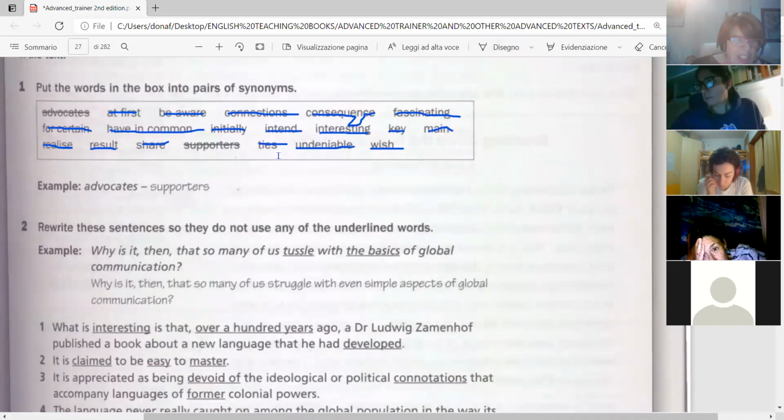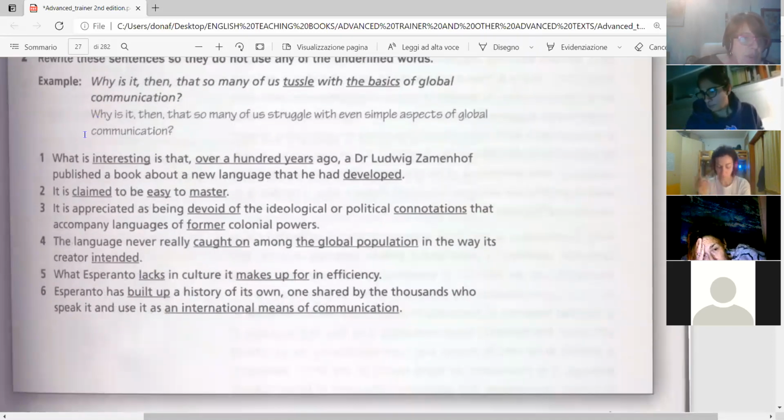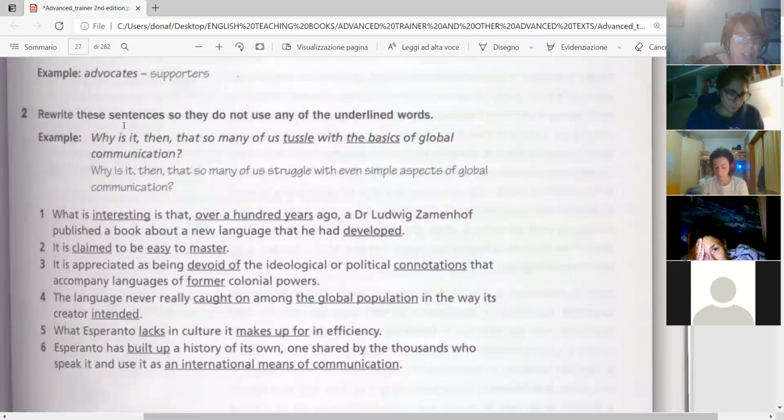Okay, now let's go on and try to do this exercise. Rewrite these sentences so they do not use any of the underlined words. For example, why is it then so that many of us tussle with the basics of global communication? Why is it then that so many of us struggle with even simple aspects of global communication?